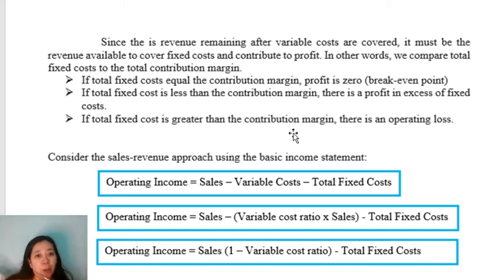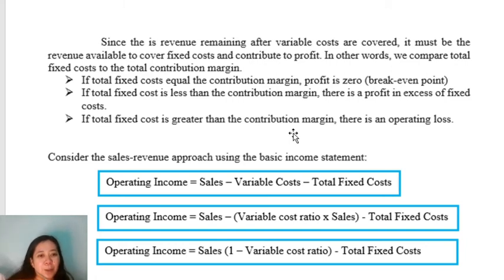This is just the opposite of the second state. In this case, meaning there is an operating loss. While listening to this discussion, please try to look at the formula or the format under the contribution margin approach so that you will understand better.